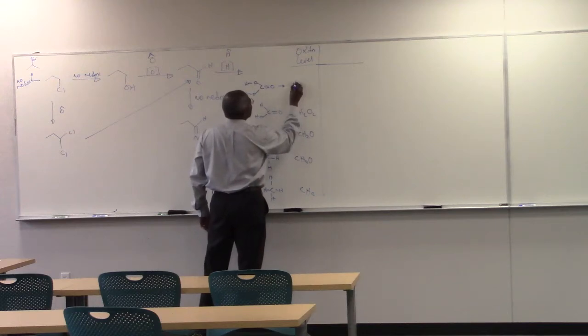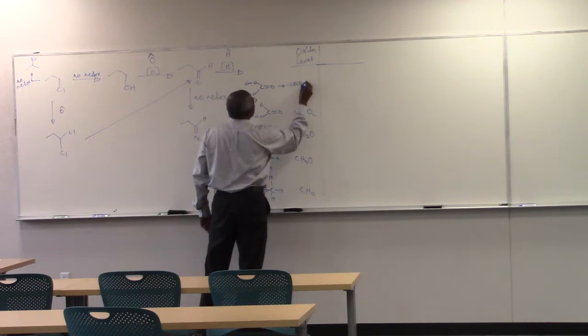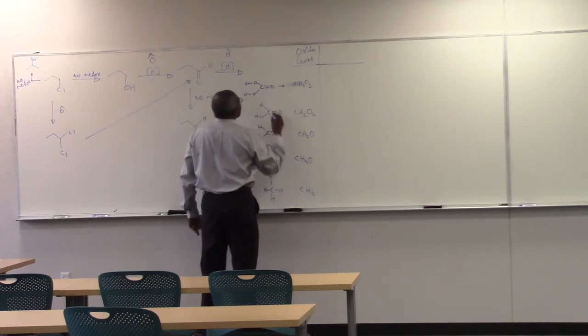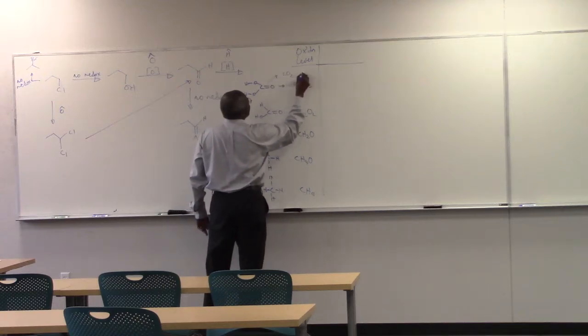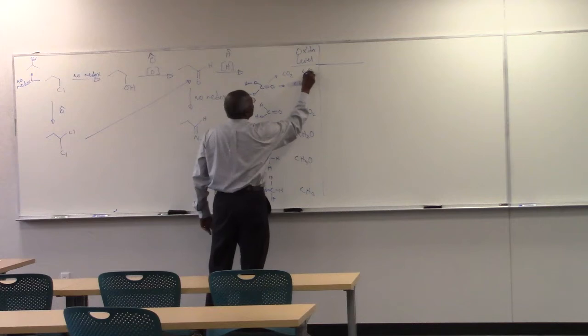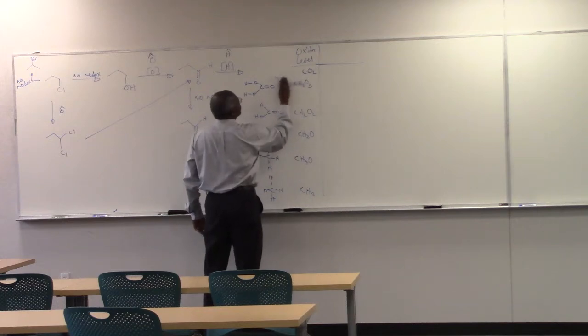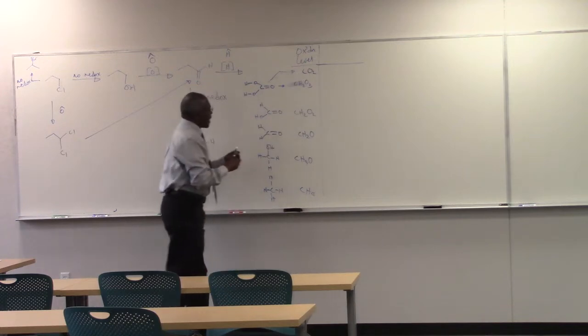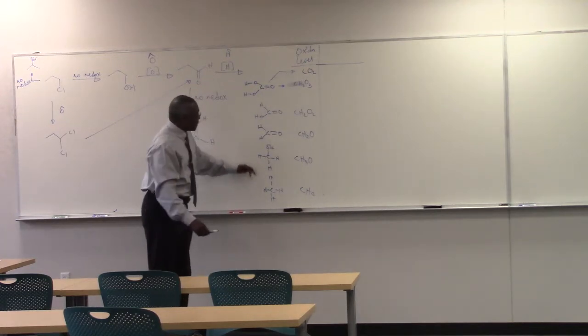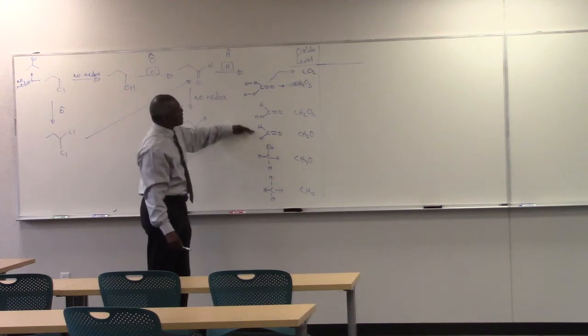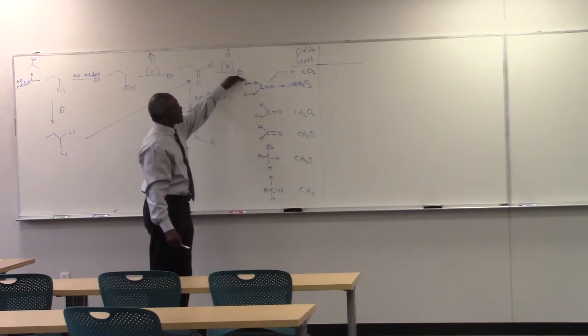But I'll leave it as this. I'll call it CH2O3. But this also will break down into CO2, right? So we'll have it there. So CO2. And so these are my oxidation levels, right? The alkane level, the alcohol level, the aldehyde level, the acid level, and the carbon dioxide level.